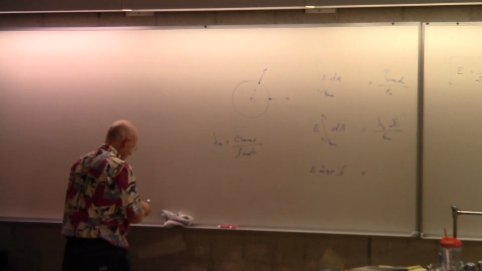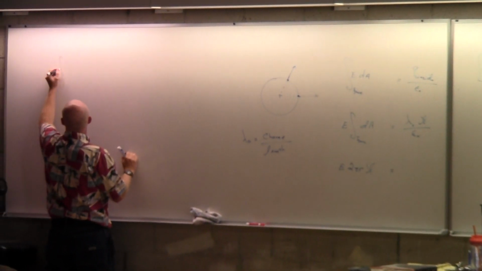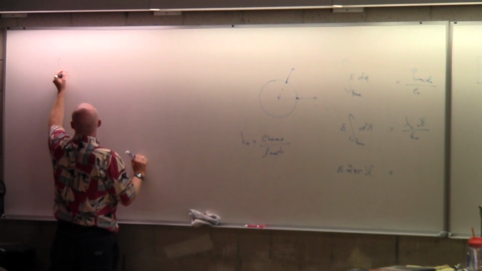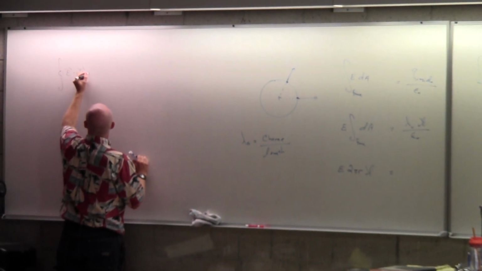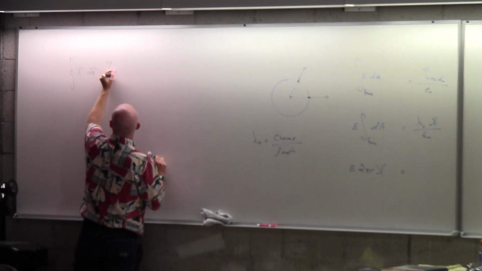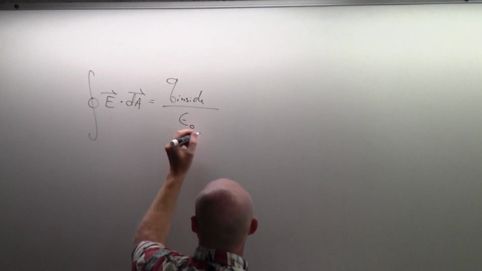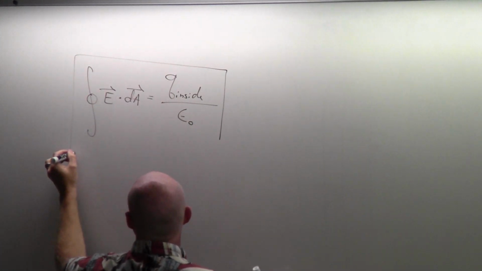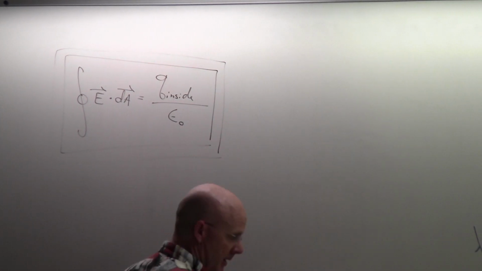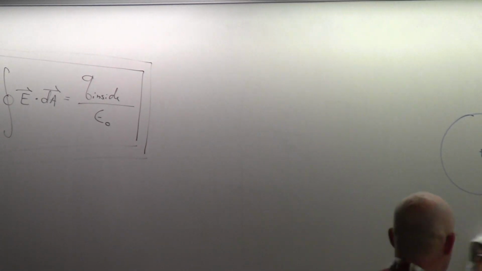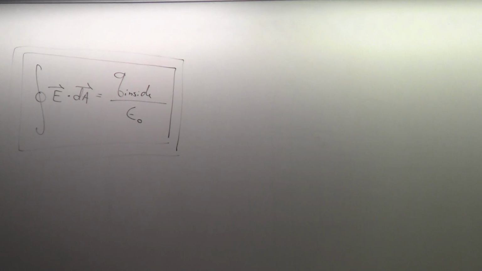And I'm going to put on the board what I ended up needing space for and erasing, but the flux calculation on a closed surface will equal the charge inside divided by the permittivity of free space. That is the point of this chapter. Use that again and again and again.